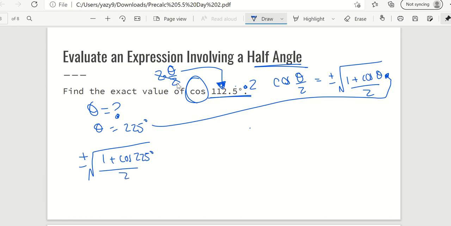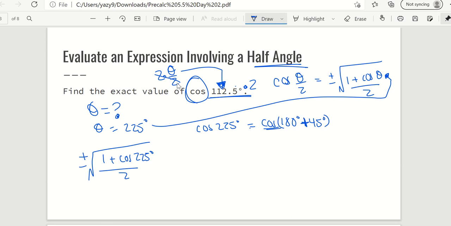And I can draw where 225 exists because I know that the cosine of 225 is the cosine of 180 plus 45. All right, so we're doing the cosine of a sum.